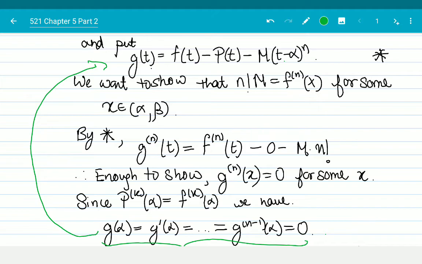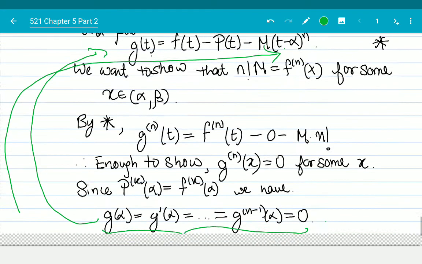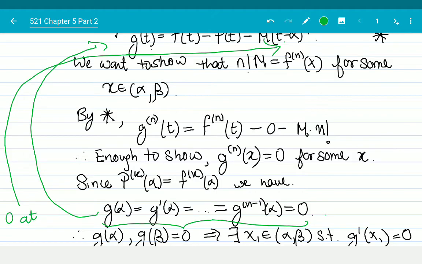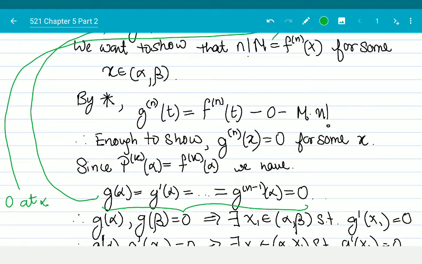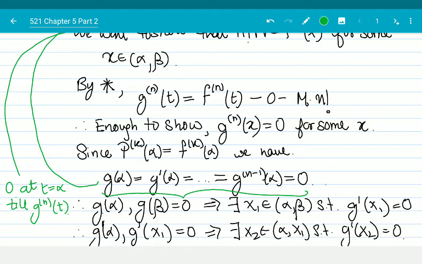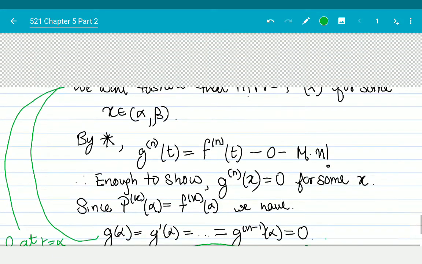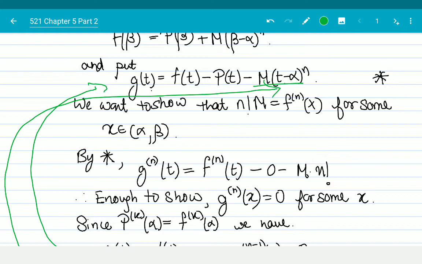So this is going to be 0 at t equal to alpha up to g^(n-1). So from 1 to n minus 1, these are equal, and hence the entire term becomes 0 at alpha.